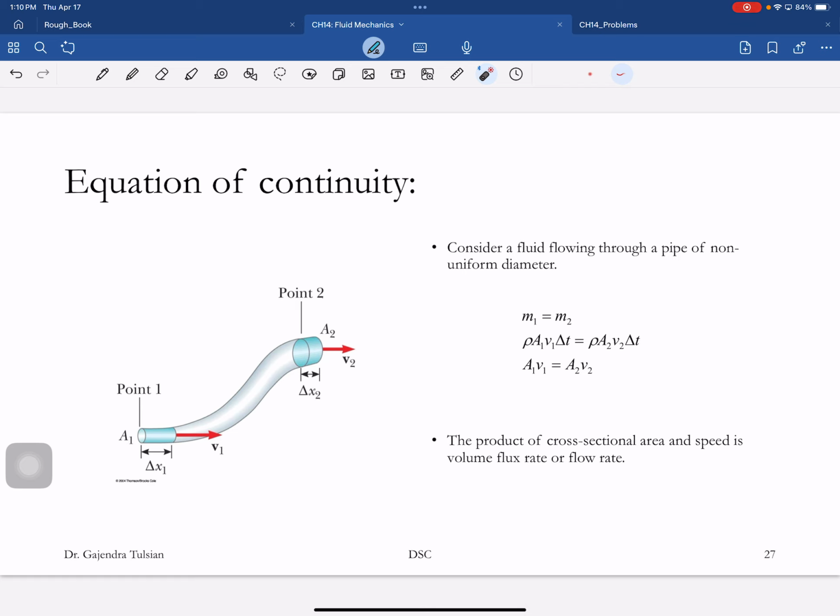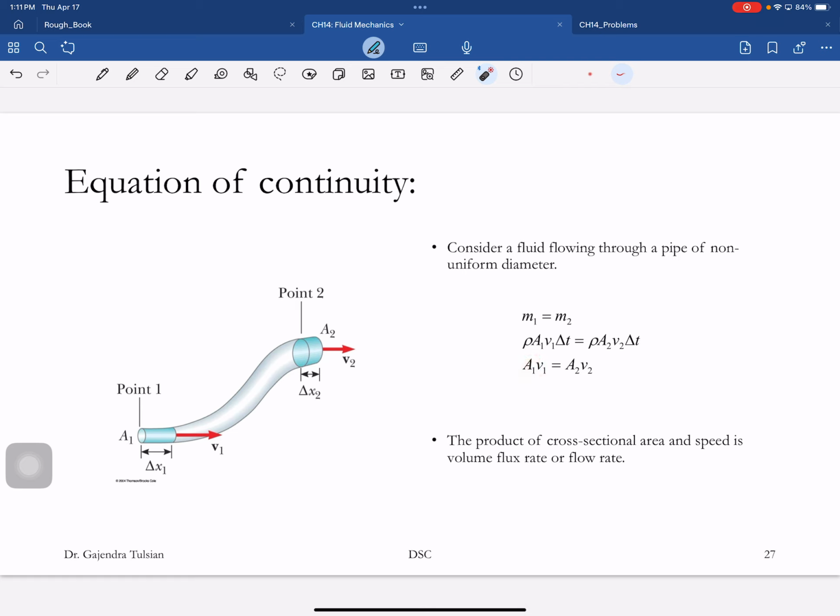So if the area of cross-section of the pipe changes, this is the flow rate: area of cross-section times the velocity of the flow, A1 V1, equals A2 V2. So if the area doubles, the speed decreases by a factor of a half. If the area halves, the velocity increases by a factor of 2.